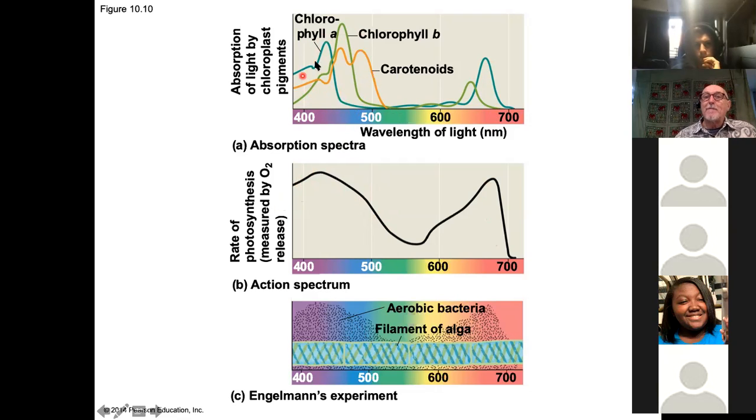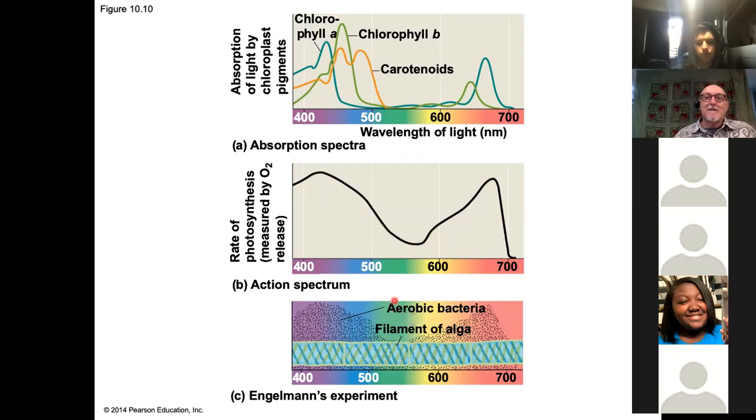If it's absorbing best down here, it's doing the most photosynthesis there. If it's absorbing best here, it's doing most photosynthesis there. There's a dip here because this is light which is reflected. It's not absorbed. So there's minimal photosynthesis going on down here.